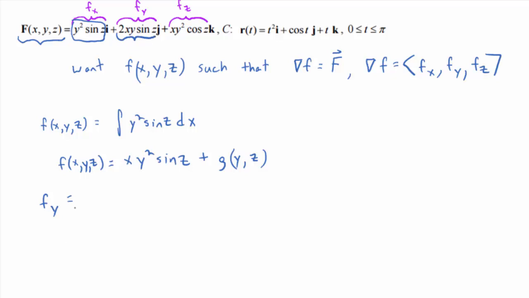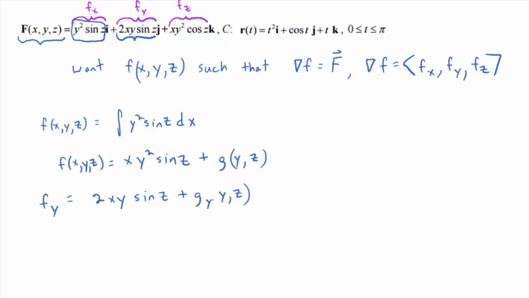So let's take the derivative with respect to y. It's x times y squared times sine z. x and sine z are constants with respect to y. So what do we get? 2xy sine z plus g sub y.